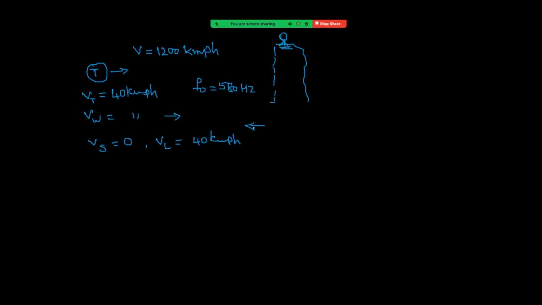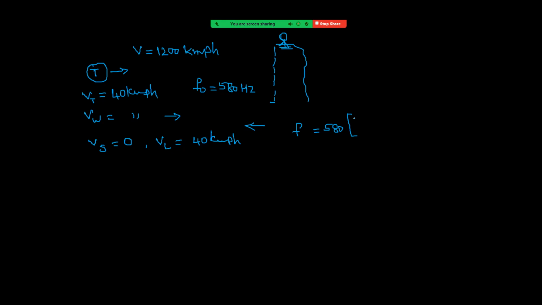That means the train is stationary and the listener moves towards the train. Then see the frequency observed by the listener. So take it as f equal to f naught, listener moving towards stationary source because Vs equals 0.